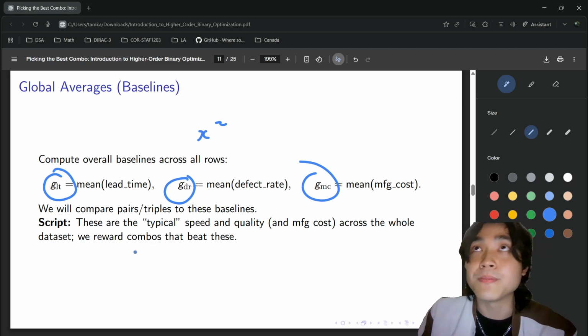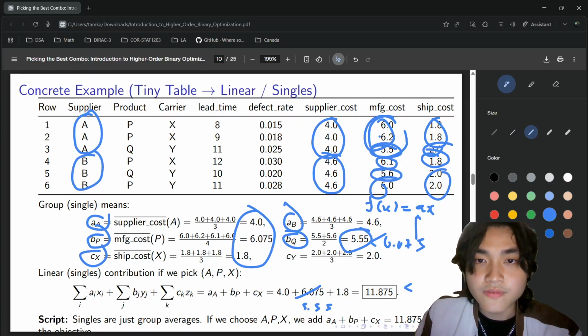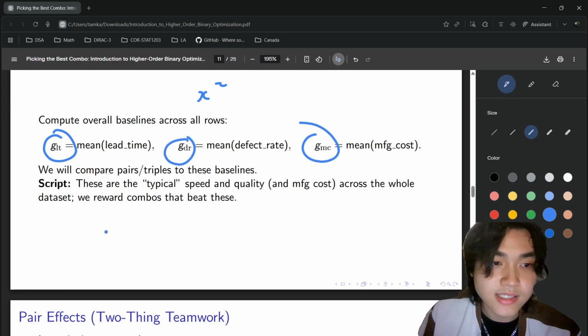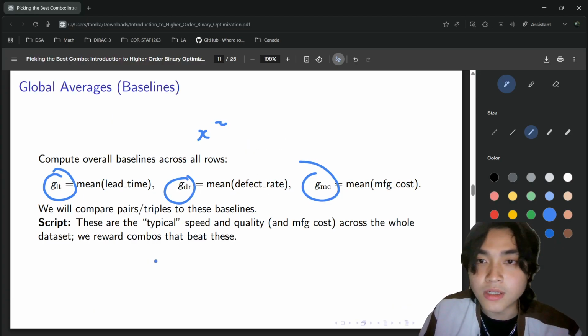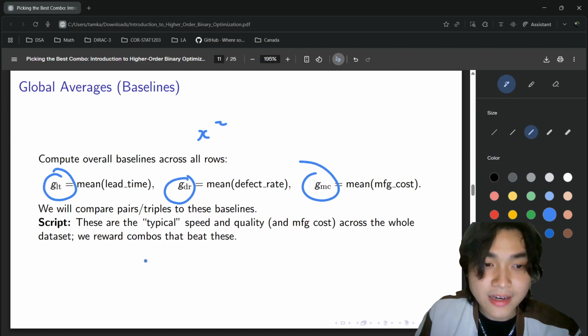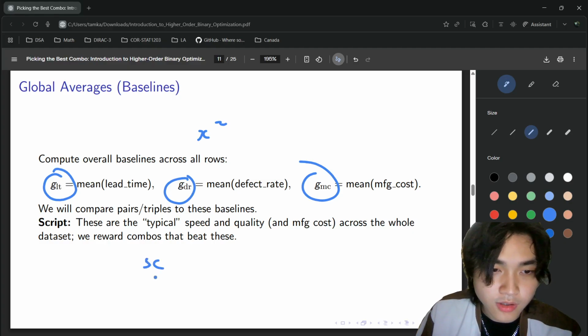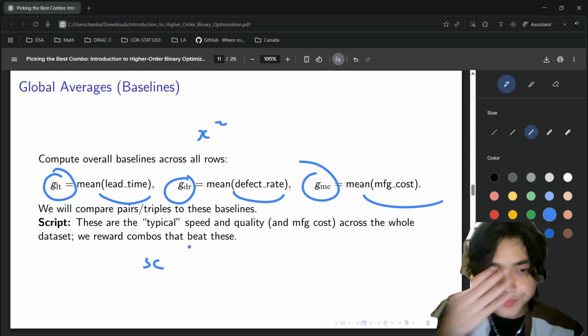Generally, in terms of baselines, first of all, we are summing up all of the different costs, for example, supplier costs, and then we get their average. The reason is that we want to get the global average of a specific feature, like supplier costs. There will be lead time, defect rate, and manufacturing costs as well over here.